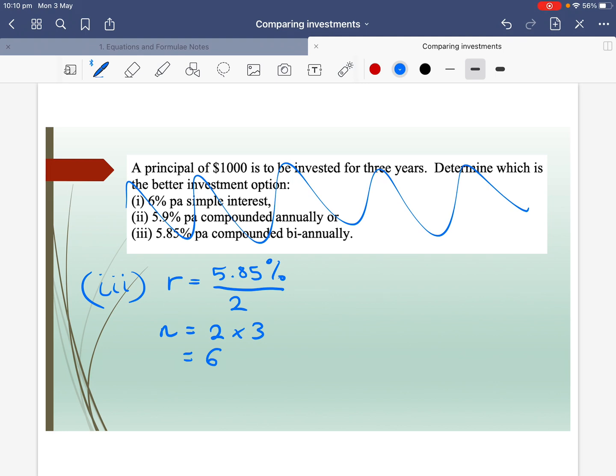So let's substitute that into our formula. A equals $1,000, and we've got 1 plus 5.85% divided by 2, to the power of 6. Okay.